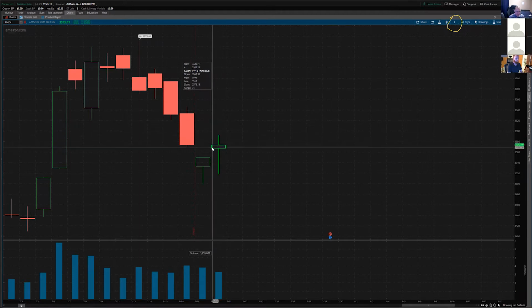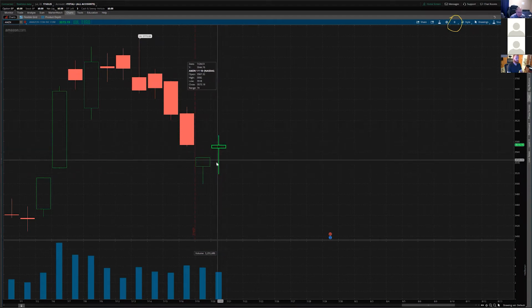But again, the bottom part, because it's green, that's where this opened and that's where it closed for the day. If I were to actually look at this candlestick, what I could see is the range was decent. There was some fairly decent trading for Amazon today, but it closed just a slight smidgen above.